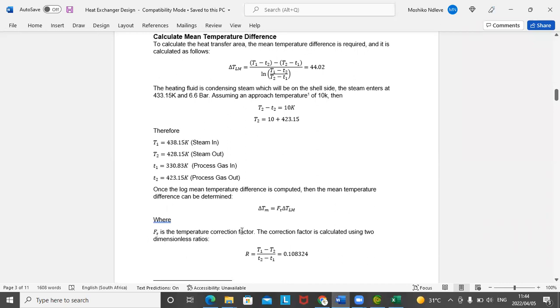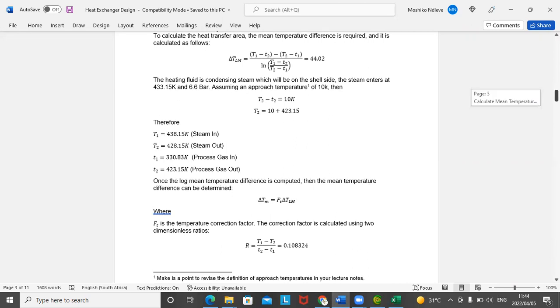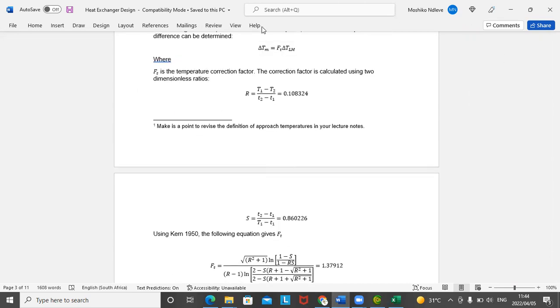To calculate that, you need these two constants, given by the two equations here and here, right? Make it a point to revise the definition of approach temperatures in your lecture notes, and to read your design textbook regarding the origins of the temperature correction factor.